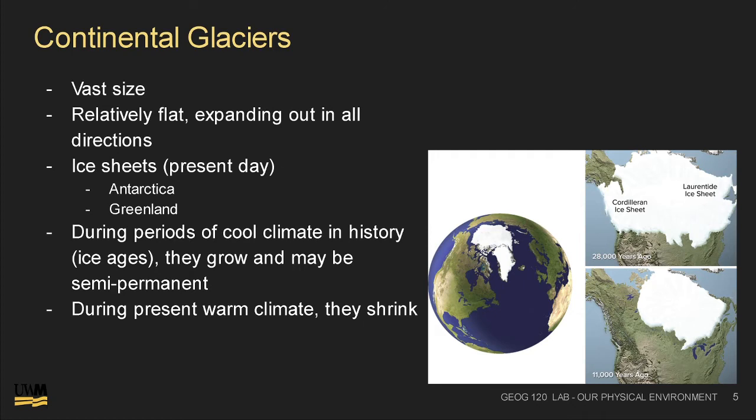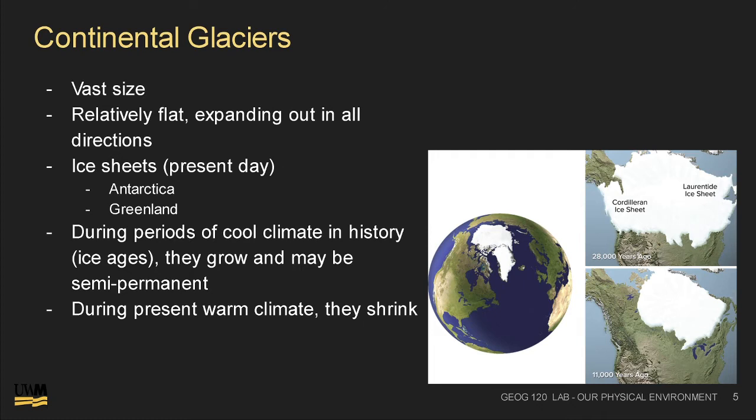Throughout history, the climate of Earth has changed. There have been periods of ice ages at which the average global climate was pretty cold, I should say. And there also have been times of warmer climates in which there's much less ice present on the Earth at any given moment. And then the continental glaciers have shrunk.